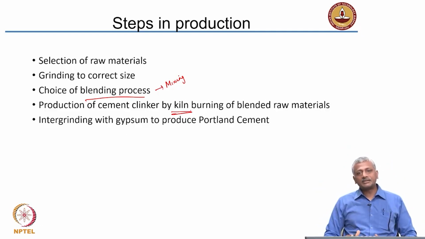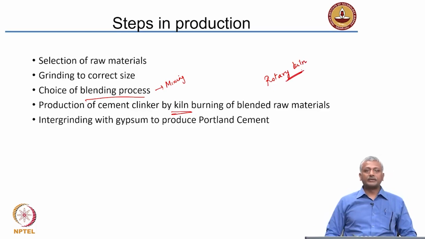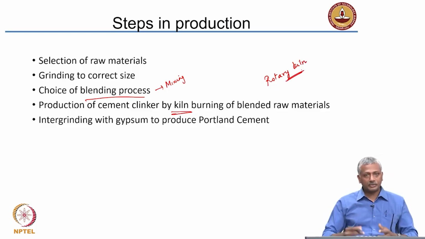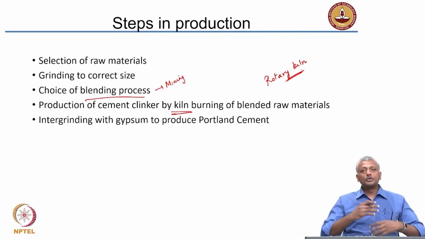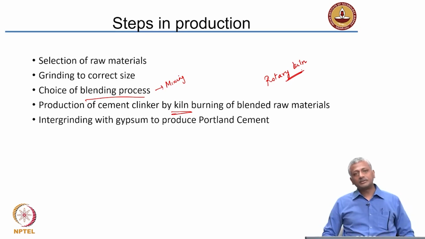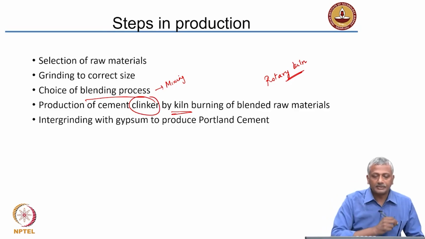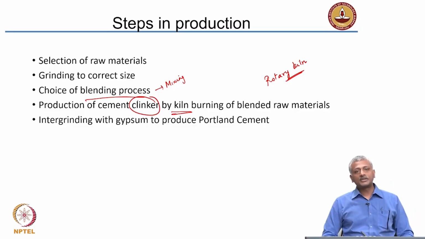But in cement, it is not the same, you go with what is called a rotary kiln. In cement, we produce with a rotary kiln. I will show you a picture or a schematic of that later, which will make it much clearer. So, you mix the raw materials together and burn them in a rotary kiln. That produces what we call clinker.